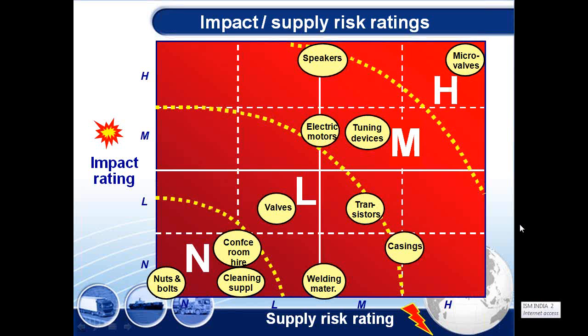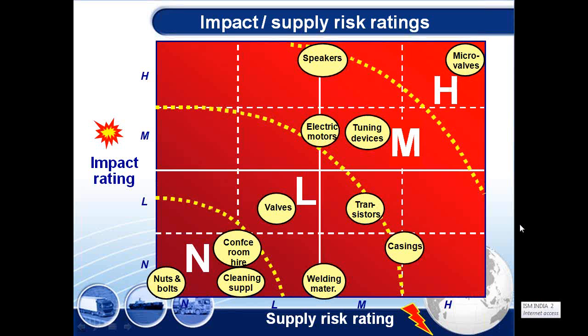But in case I have fewer supply sources, let's say only one supplier giving me the electric motors or micro valve, and that supplier doesn't want to work with us, I'm in trouble. My whole assembly line will come to a standstill. So those items where you have fewer supply sources, the risk is higher. Where you have more supply sources, the supply risk rating is low.